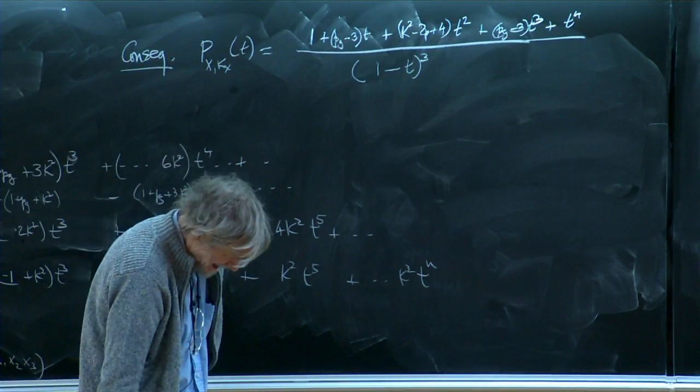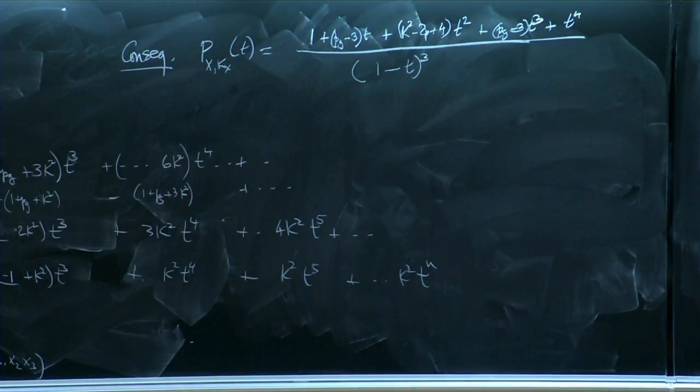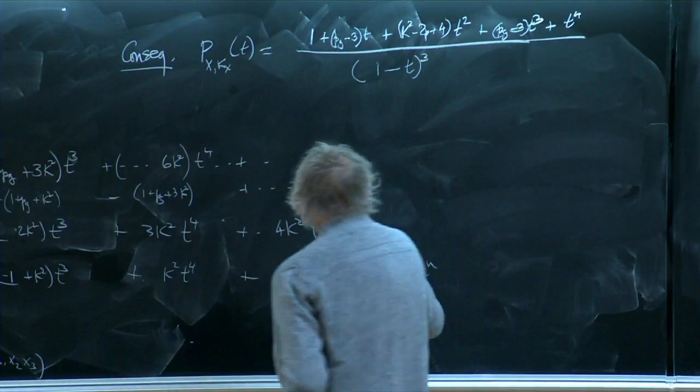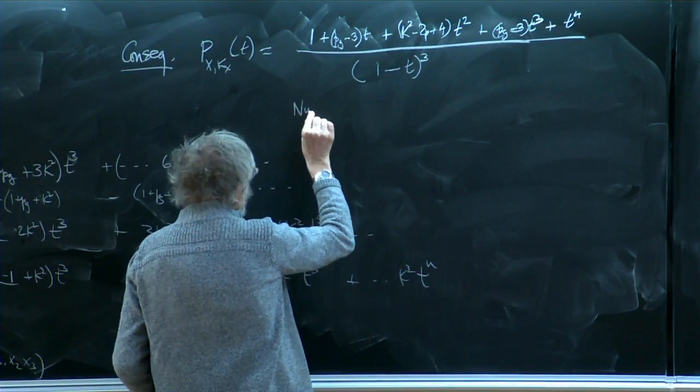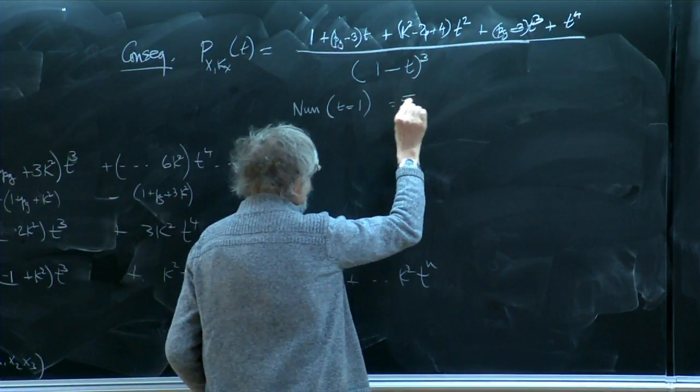Also, if you take a numerator like that, you can substitute t equals 1 in the numerator. Or you can take the sum of all the terms in the numerator. Yes? And what you get is k squared. So the numerator evaluated at t equals 1 is the sum of the coefficients.